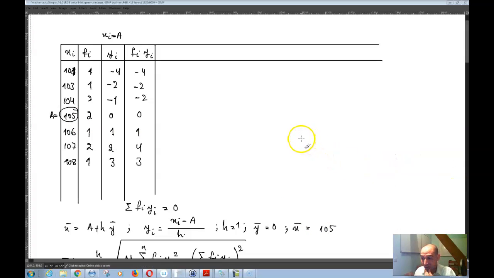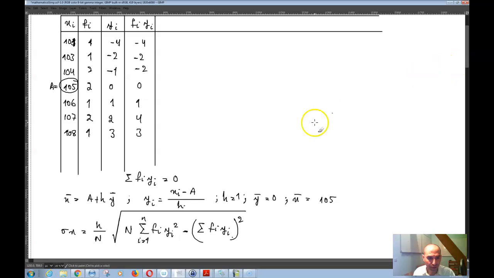Now the next thing that we have here is calculating the standard deviation, for which we have already calculated sigma f of i y of i over here, and sigma f of i y of i squared, I need to calculate it. So f of i y of i squared, basically that's a 16.